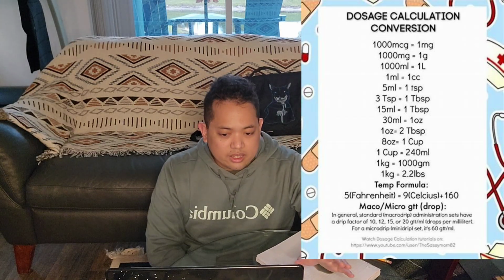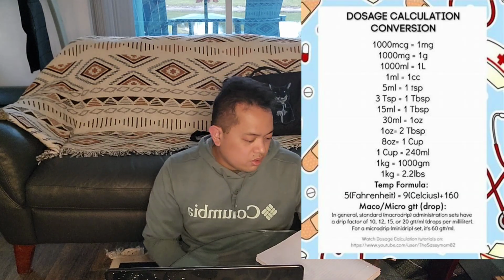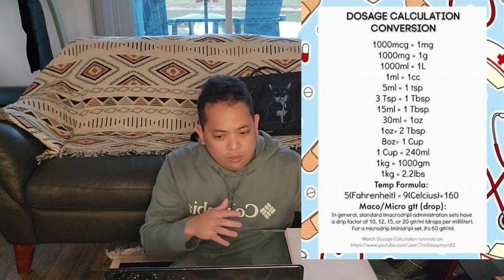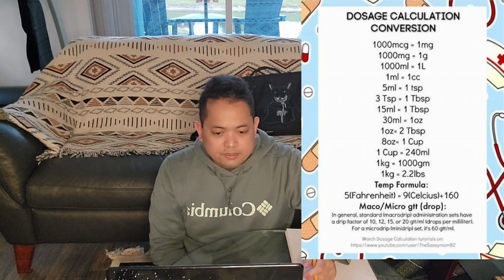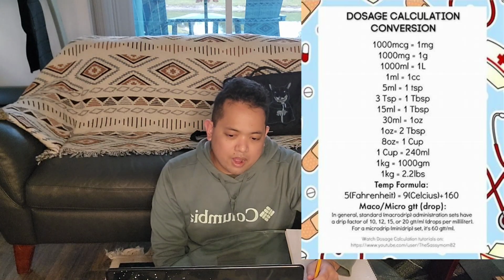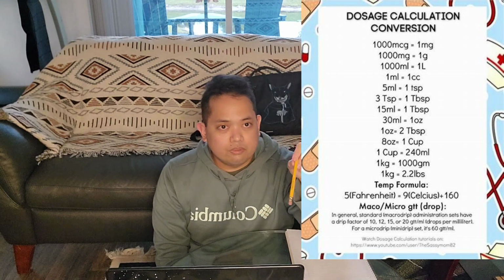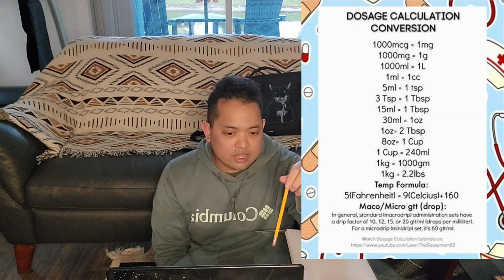So any weight divided by 2.2, that answer would correspond to how many kilos. And then we also need to remember that over here it says 16 ounces per pound. So 16 ounces is equal to 1 pound.